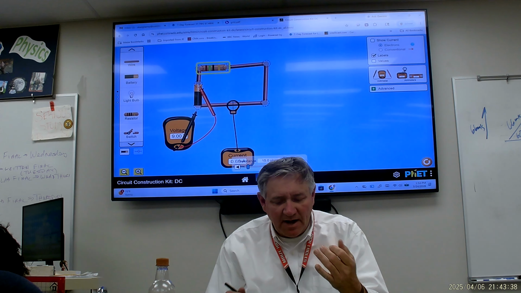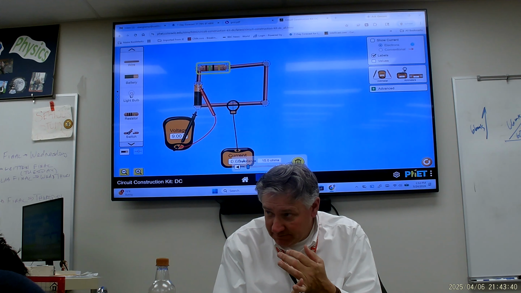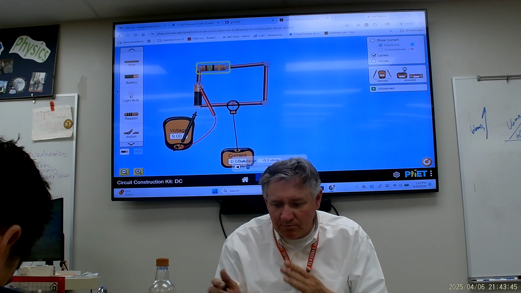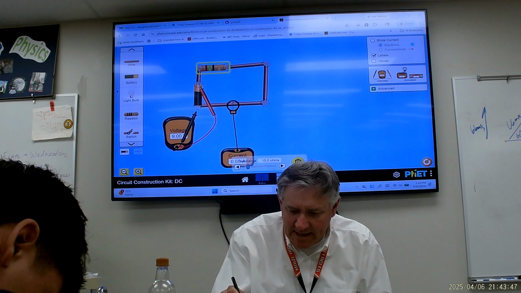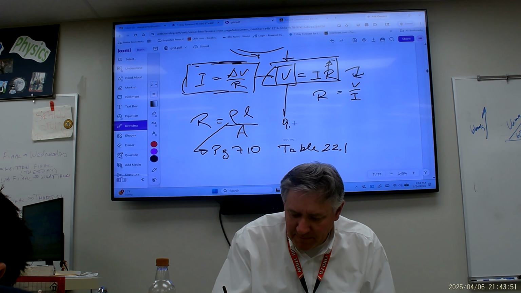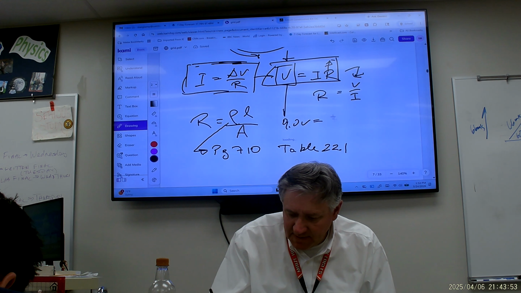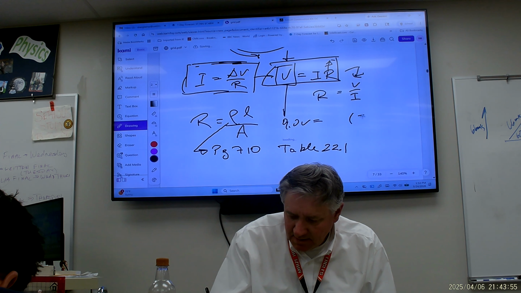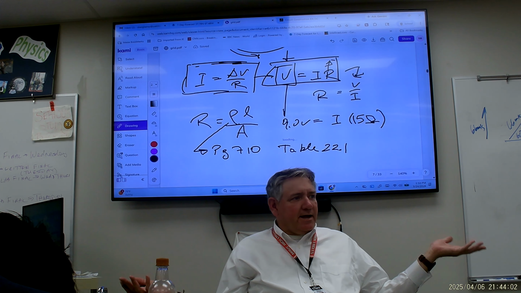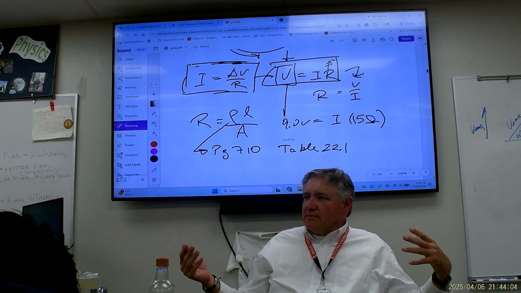I've got a 9 volt battery, that's my voltage, and a 15 ohm resistor. I should be able to calculate I and see if it matches up.